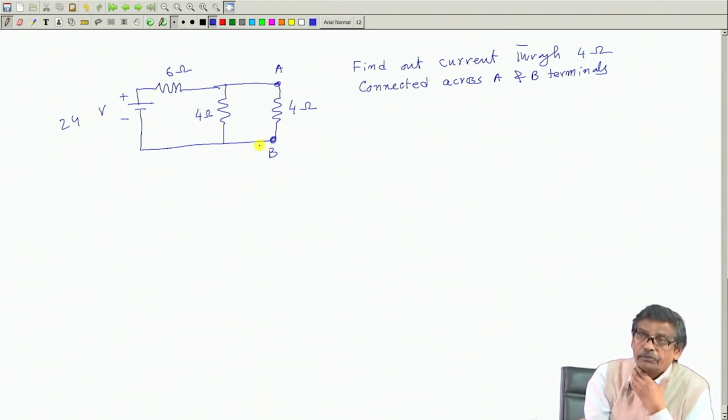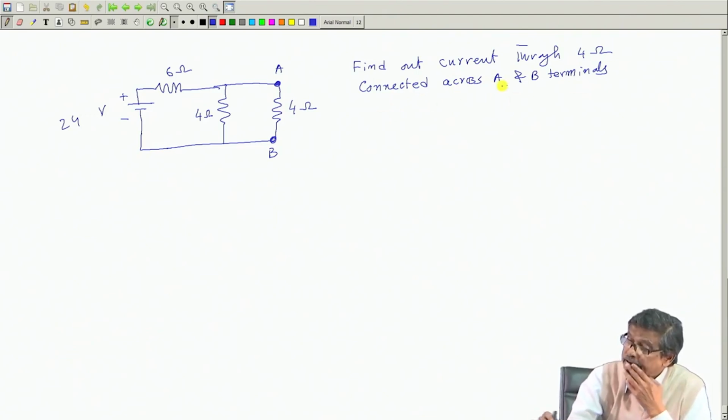But I want to solve it by applying Thevenin's theorem. So, what you have to do is this, first step is find out open circuit, I want to apply what is called Norton's theorem. Find out current through 4 ohm resistance by Norton's theorem.